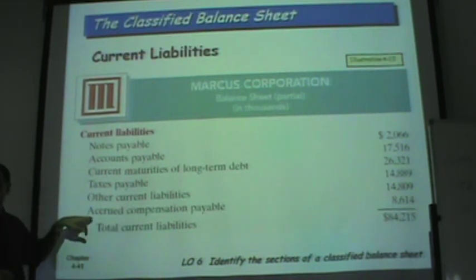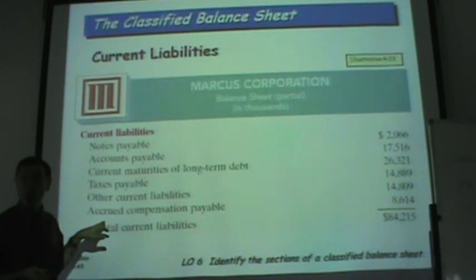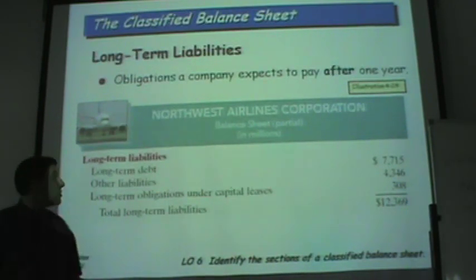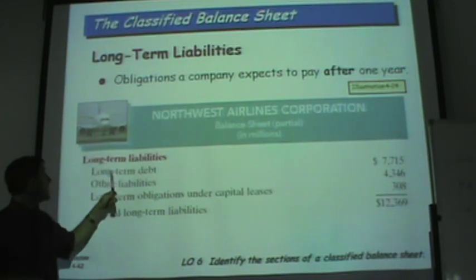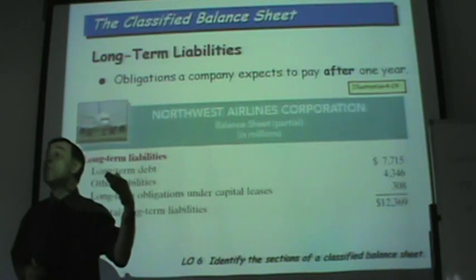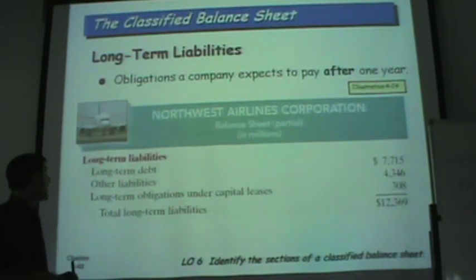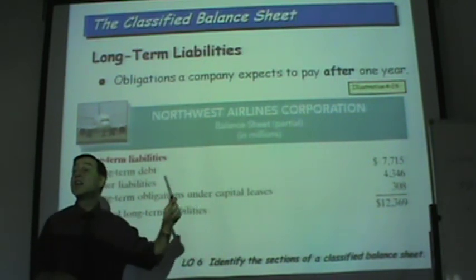Again, short term and accrued. We already studied what accrued is from accruals. Long-term obligations. Long-term liabilities is long-term debt. Debt you must repay within more than 1 year. You may have other liabilities, and then we get to capital lease.